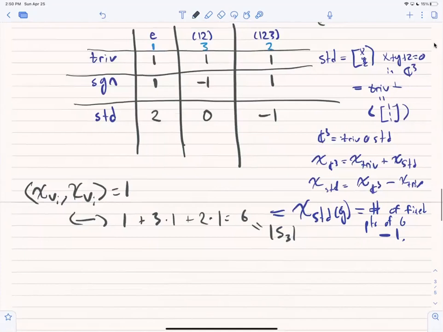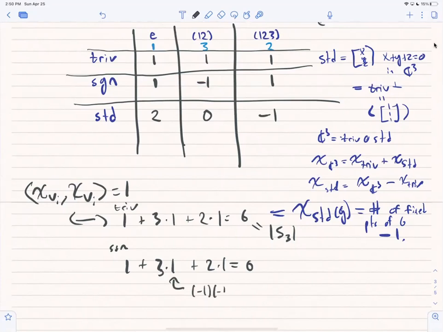In the second row, for the sign representation, this comes from 1 times 1, so 1, plus 3 times 1 again plus 2 times 1 again equals 6. So here you take the square of the absolute value. This one is equal to -1 times -1 bar, which is just 1, the value of -1 squared.